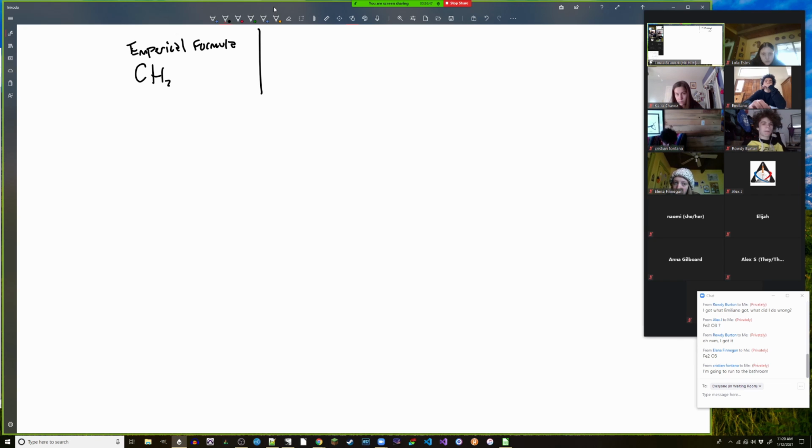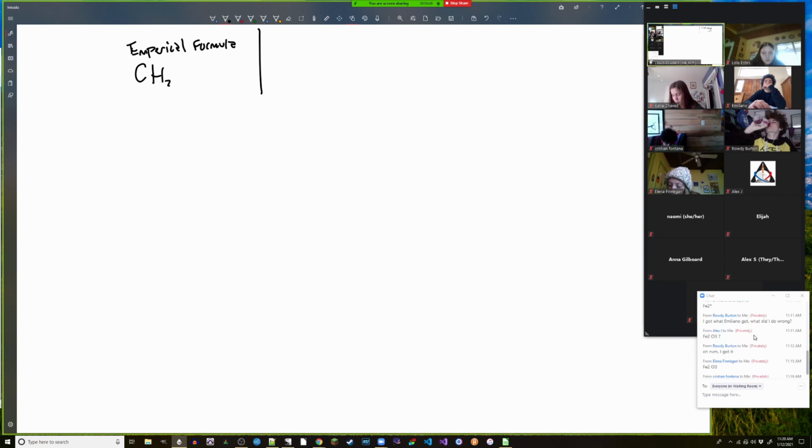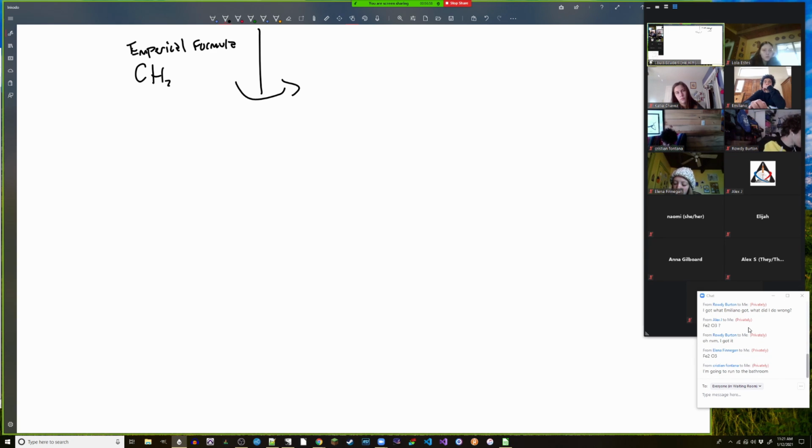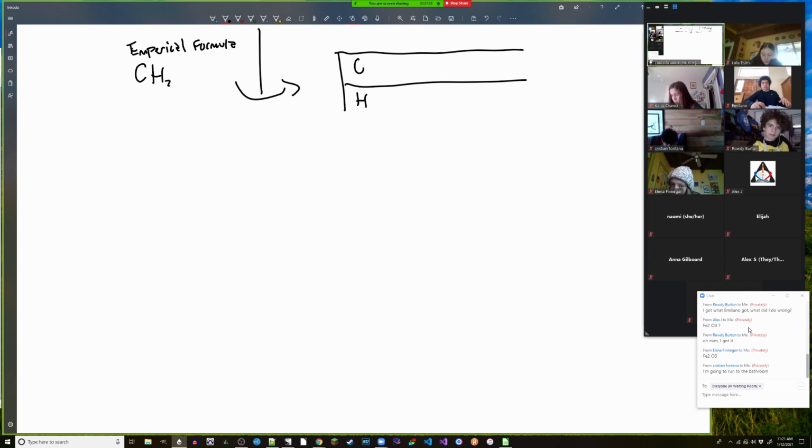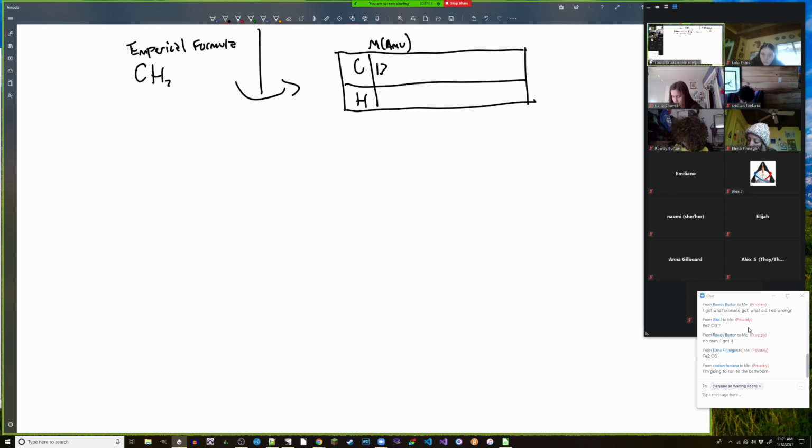Maybe this is a good chance to answer Lola's question, the difference between calculating the mass of a covalent compound versus an ionic compound, like why they're considered different. So let's calculate the mass of this compound, right? We do our little table like we had last time. I think I remember all the numbers here. Mass in AMU. Carbon was 12.011 AMU. Hydrogen was 1.008.